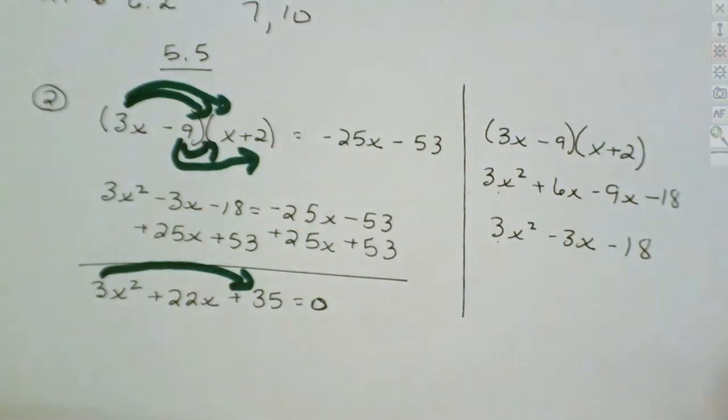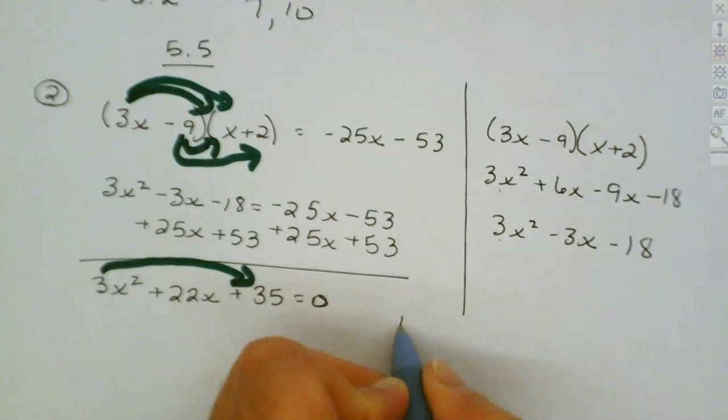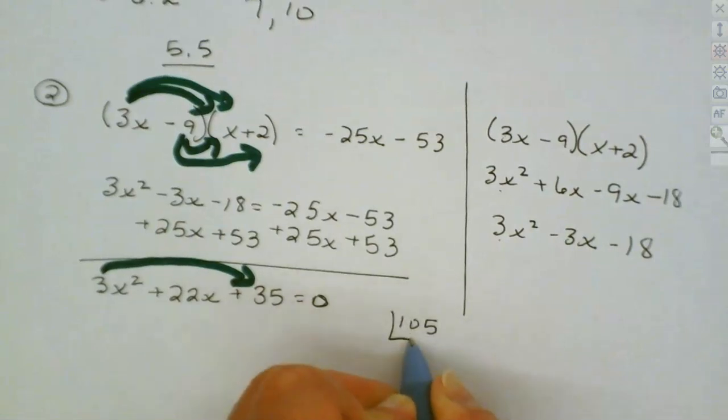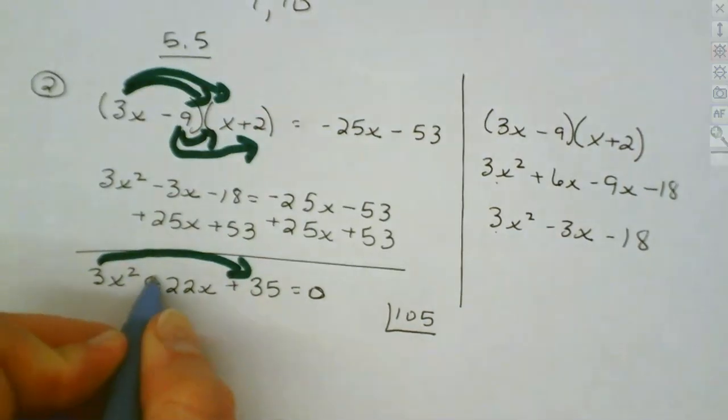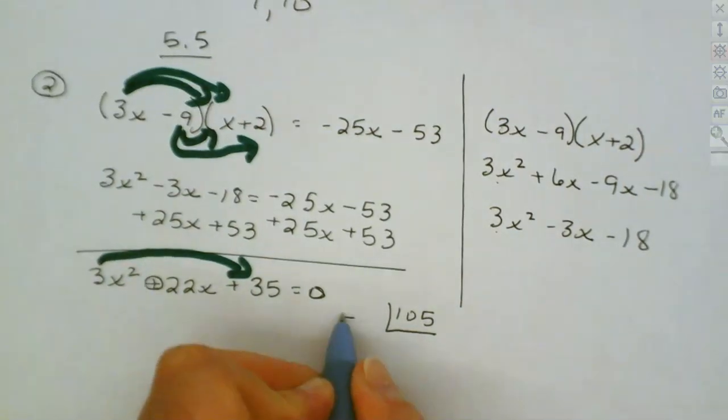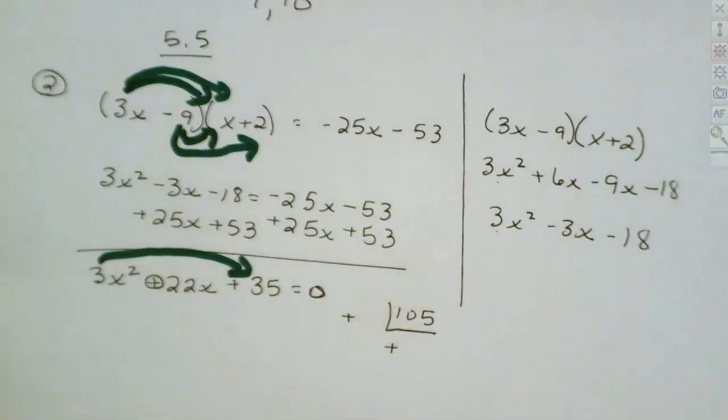We take the first times the last, and that gives me a 105. Now that 105 is positive, so what do I know? Well, if it's positive, that means the signs are either both positive or they're both negative. What's the sign in the middle? Positive. So these are both going to be positive.